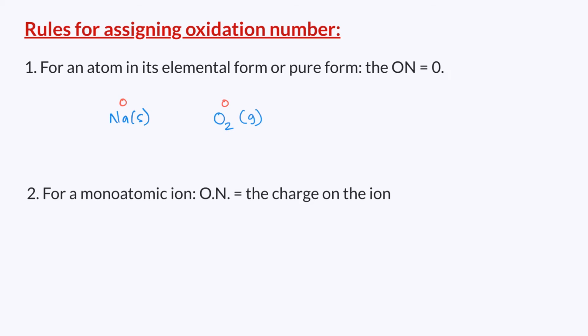Rule number 2. For a monoatomic ion, oxidation number is equal to the charge on the ion. For example, if I take a monoatomic ion Na+, the oxidation number of Na is equal to +1. Similarly, the oxidation number of nitrogen in N3- is -3.